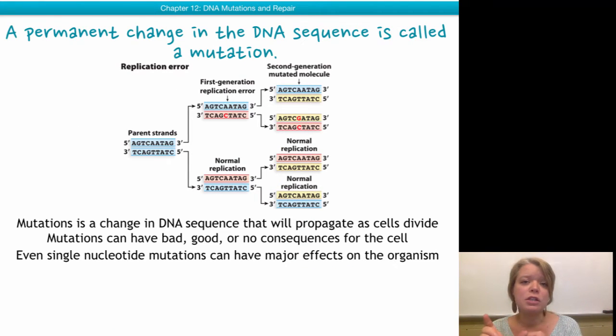A DNA mutation is not merely a mistake that happened after DNA replication, but it's a permanent change in the DNA sequence that can be inherited. So, in this image here, a mistake that occurred right here can still be fixed by a DNA repair mechanism.